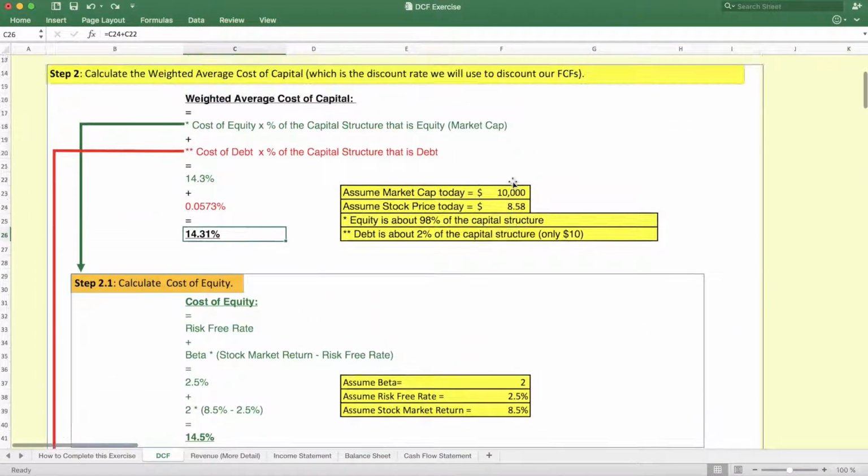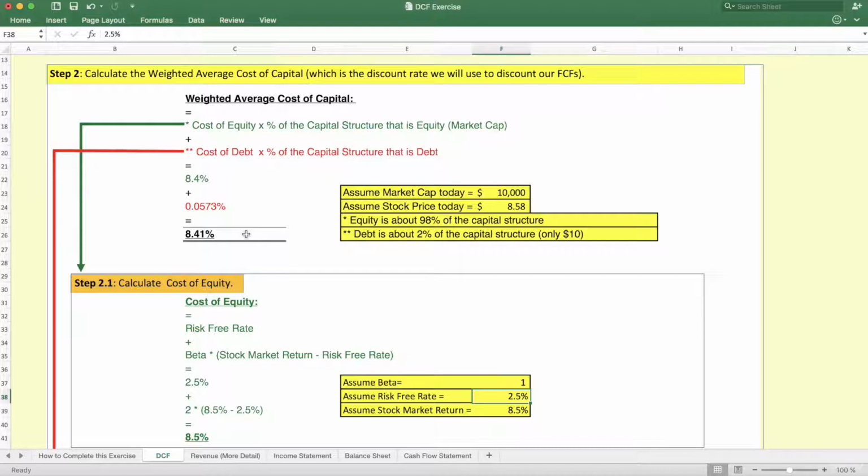Now watch this. Let's pretend we're a much better company. Let's just take the beta. If I take the beta and cut it in half, watch what happens to the interest rate here. It goes down to 8.4%. We're a lower risk company. And then let me ask you this. If our beta is lower, which means our blended cost of capital interest rate is lower here, what happens to our target price?